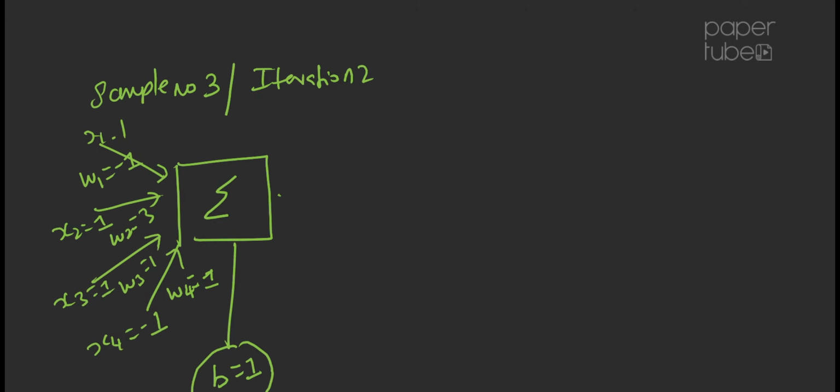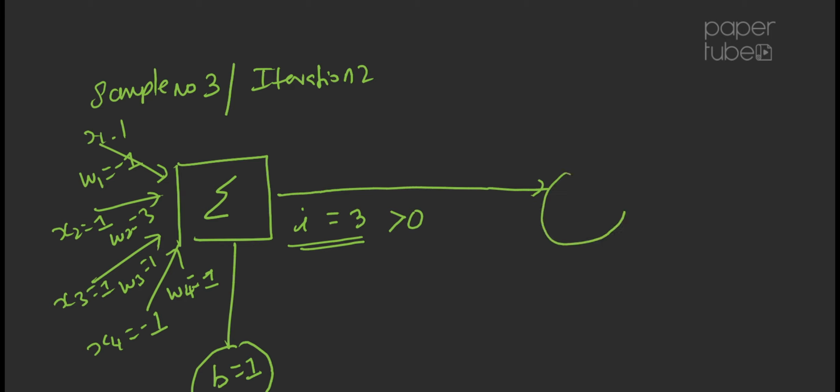So if you calculate the net input, this should give a value of 3 if you do it correctly, which is again greater than 0, which means it's going to fire an output equal to 1. That's how we set the propagation function.